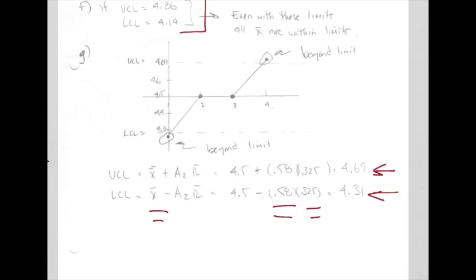And then what we want to do is plot using the upper control limit here and the lower control limit there. We want to plot our x bar chart. So what we're going to do is plot the x bars that we calculated before on this chart. Let's take a look at that.